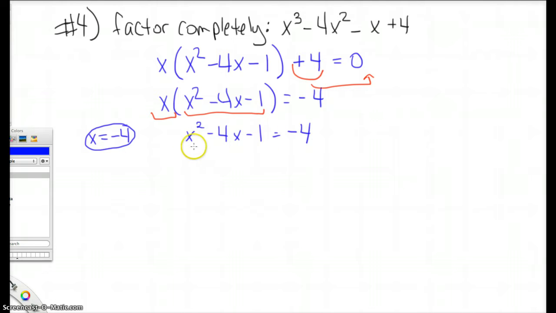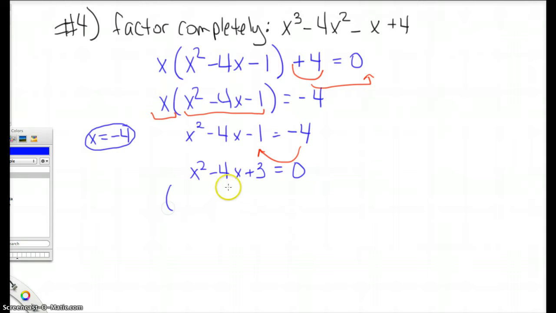Now I have to factor this thing, and I'm going to do that by putting this 4 back over to the left. So now I have x squared minus 4x minus 1 plus 4 is plus 3 equals 0.